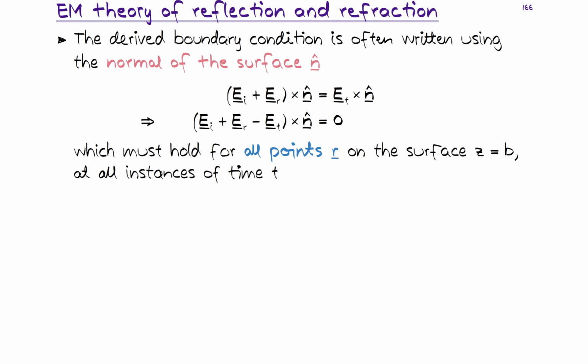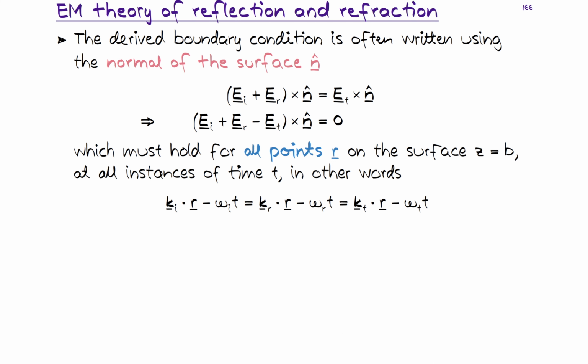Please remember we are considering time harmonic fields with the time dependence of exponent i omega t here, so for the above continuity equation to hold, we must look into the phase terms, the exponentials, and they must be equal at all times and in all locations r that are on the surface.